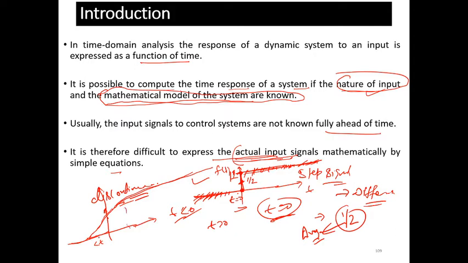This period is very small, approaching 0, and therefore this is the ideal situation, but it is not the real one. So it is very difficult to express the actual signal mathematically.